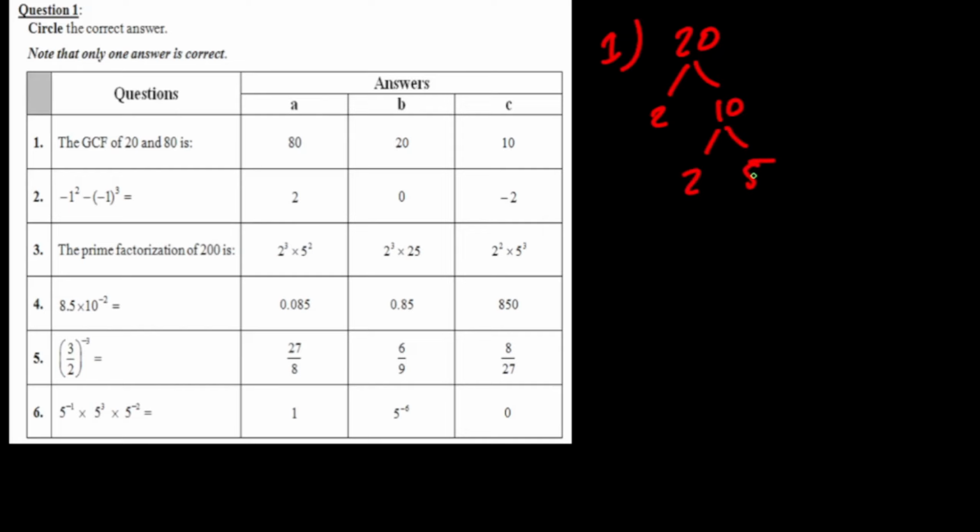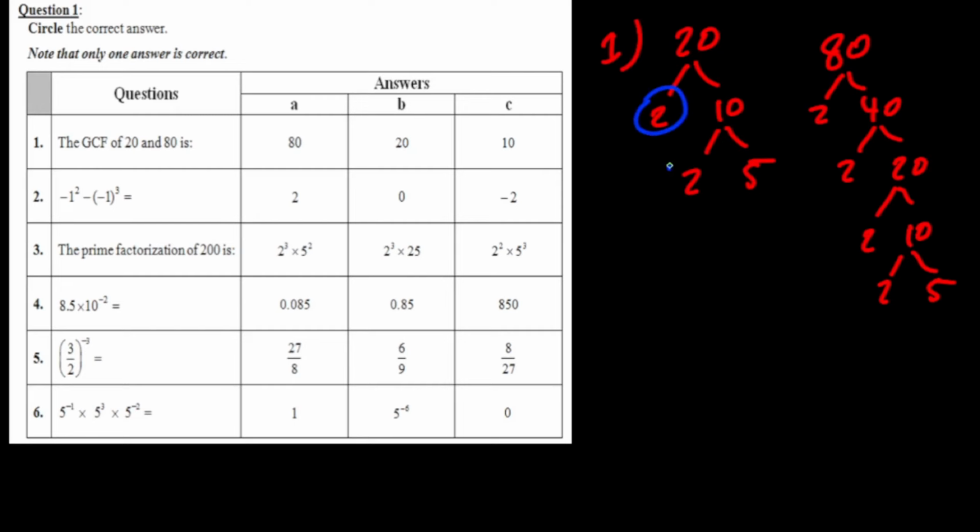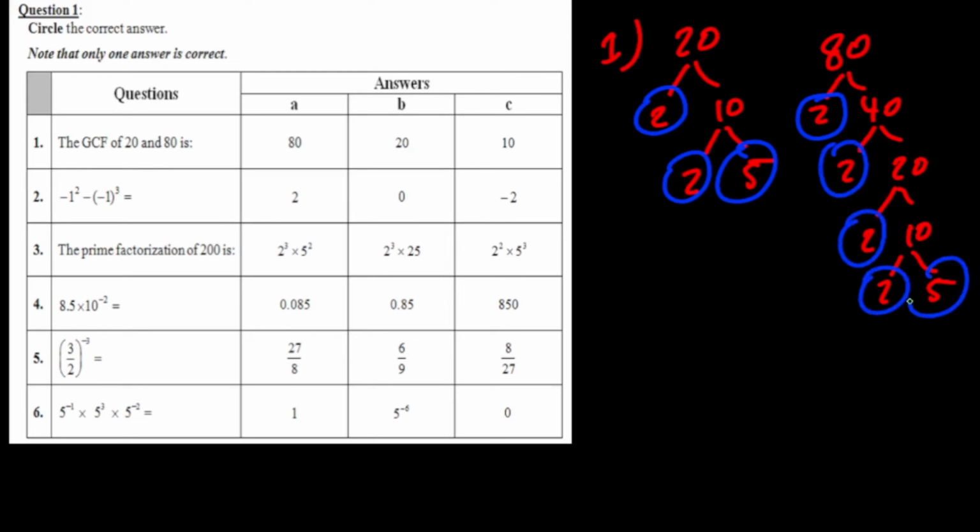Now moving on to 80. 80 divided by 2 is 40, 40 divided by 2 is 20, 20 divided by 2 is 10, 10 divided by 2 is 5. Now that we have all our prime numbers, let's circle them so we can find the greatest common factor.